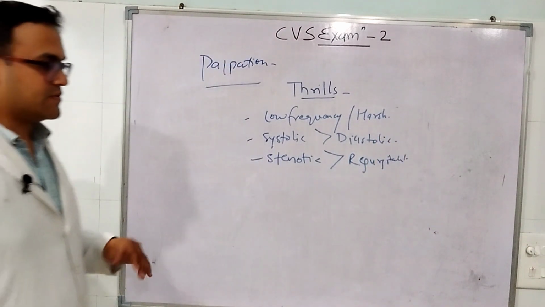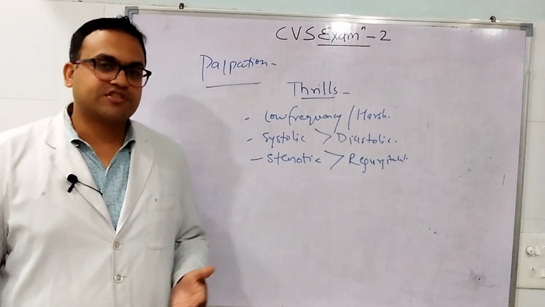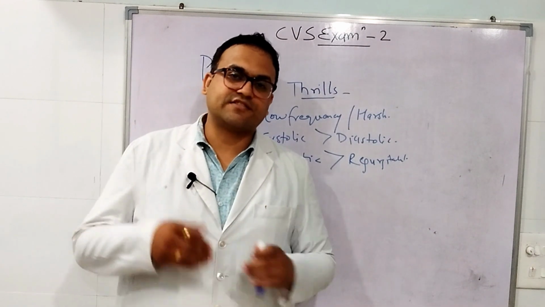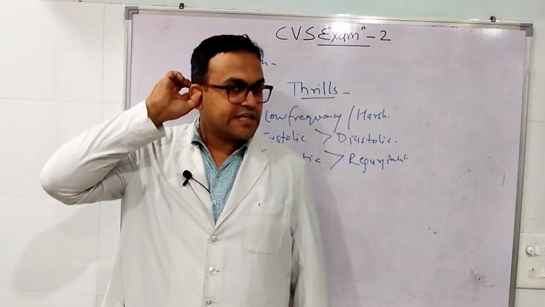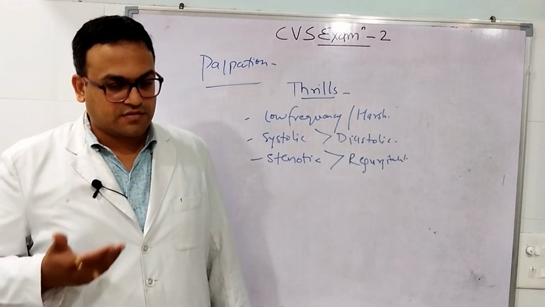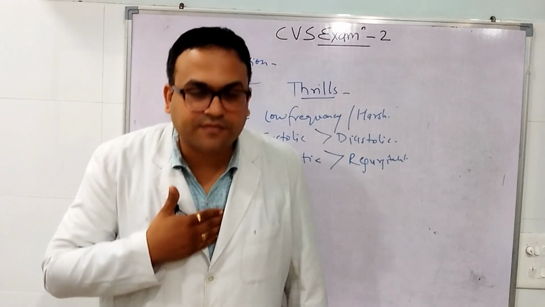There can be several positions depending upon the lesions. In aortic stenosis the thrill is felt in systole in the aortic area, but you will feel it with more accuracy if the patient is sitting and bending forward.